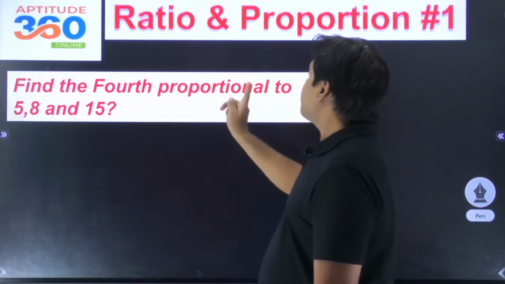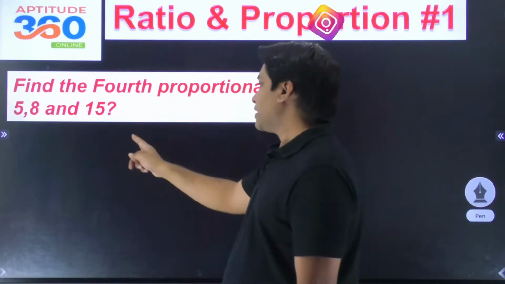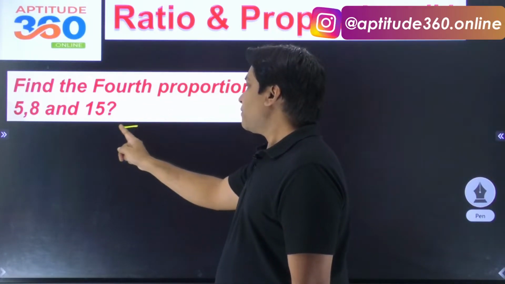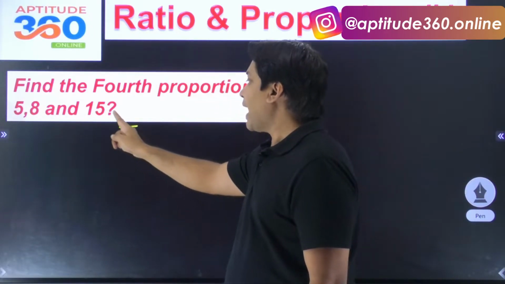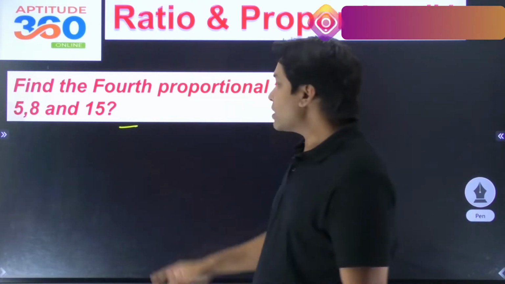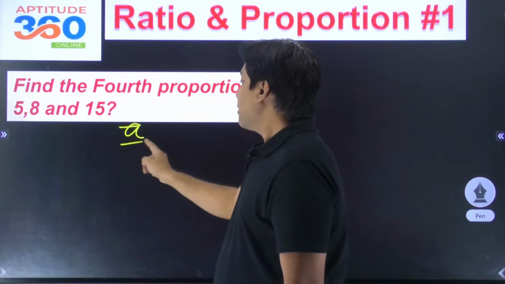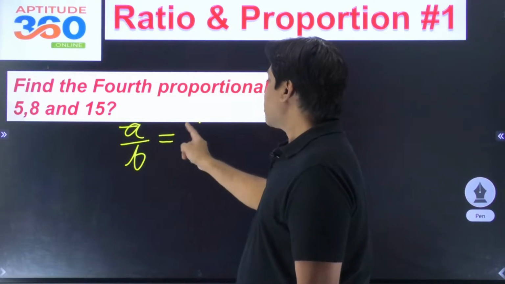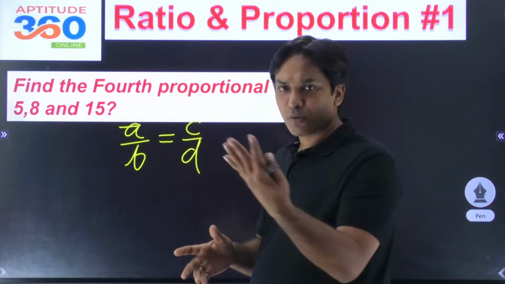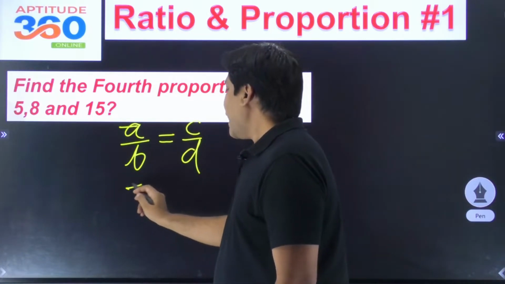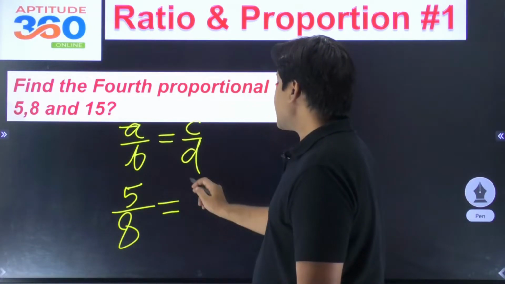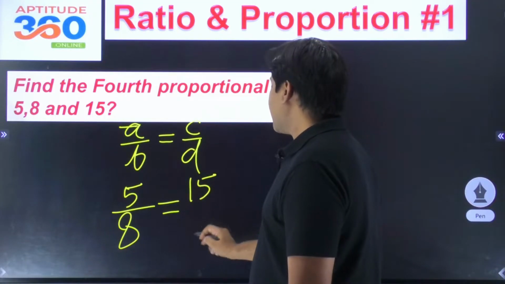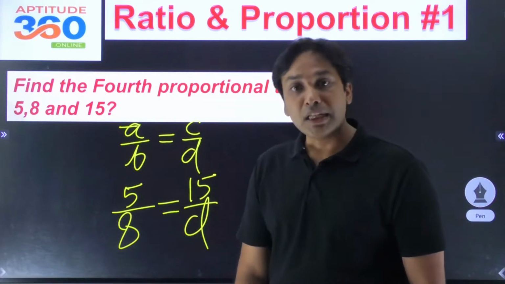Find the fourth proportional to 5, 8, 15. So what did I say? This is the first proportional, second proportional, third proportional, and the fourth one has not been given to us. So a/b is equal to c/d. That's the kind of situation that we have. So a is 5, b is 8, c is 15, they are asking us to find out the value of d.